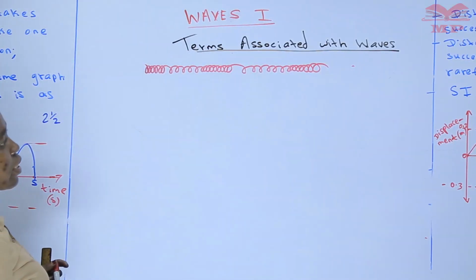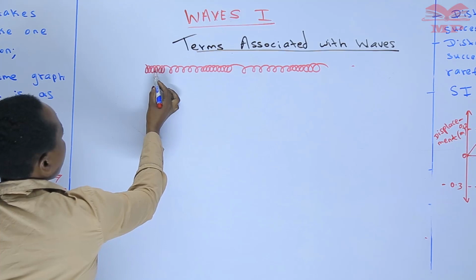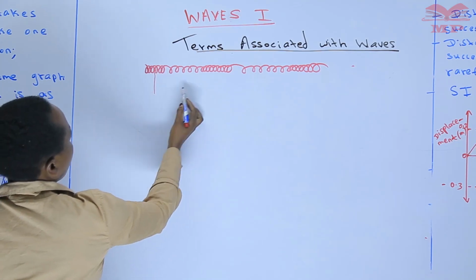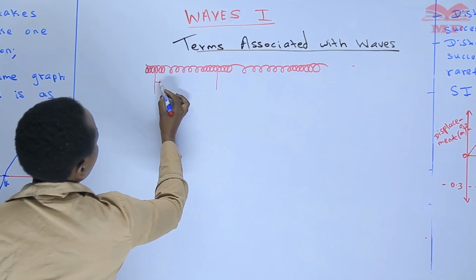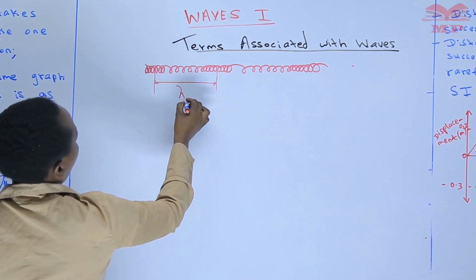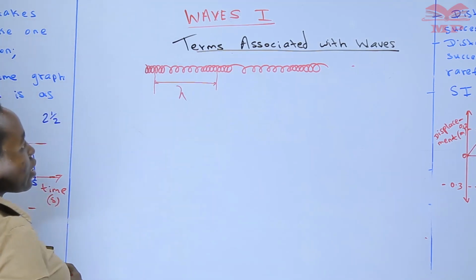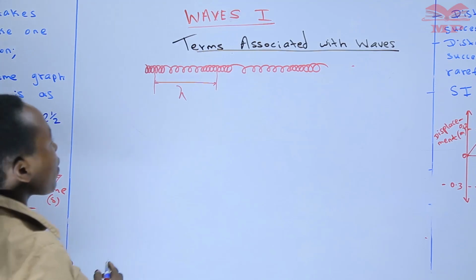So when we are saying that it is the distance covered between two successive compressions, if we have the distance in between here, this is a compression, and in between here, this distance is what we are calling a wavelength, or the distance between two successive rarefactions.